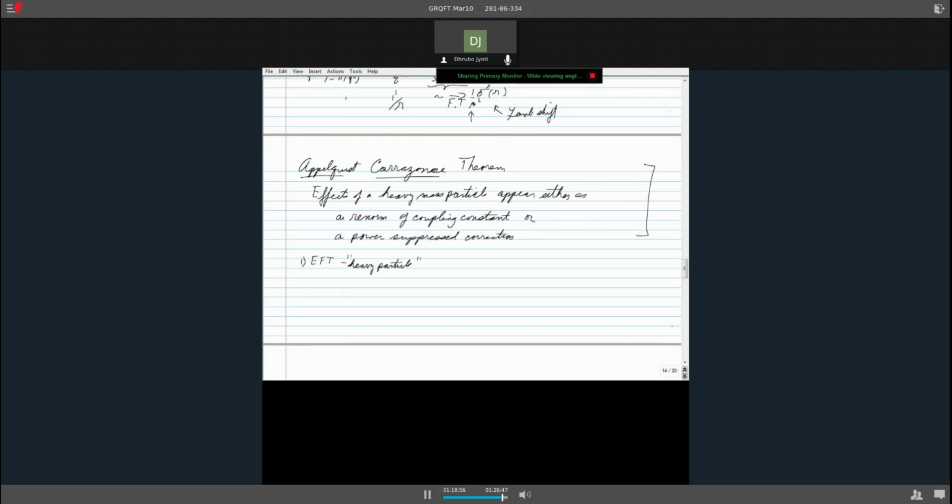But the Appelquist Carazzone theorem says that the effects of a heavy mass particle appear either as a renormalization of a coupling constant or a power suppressed correction.